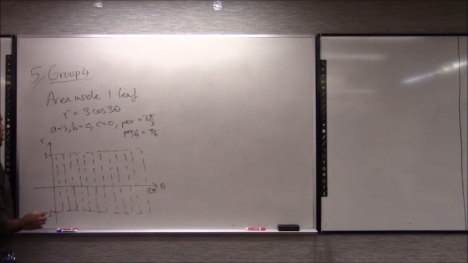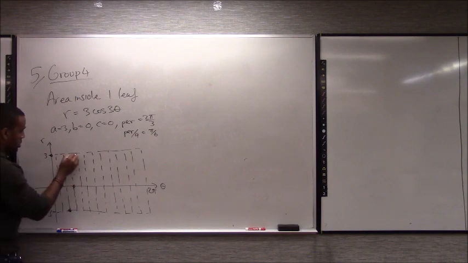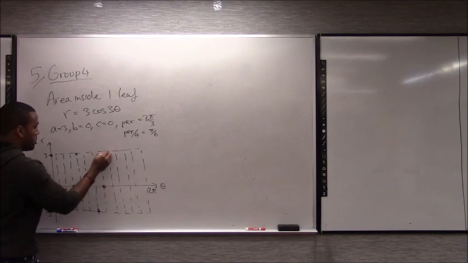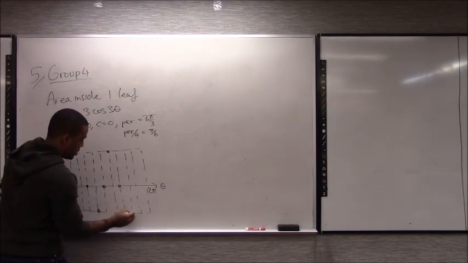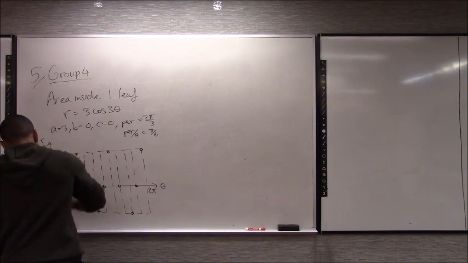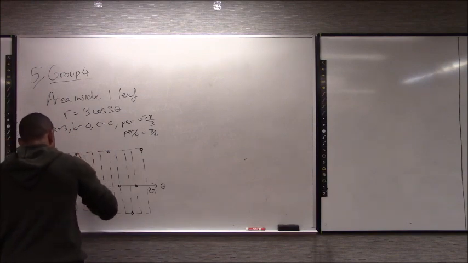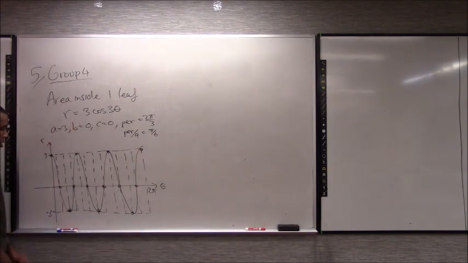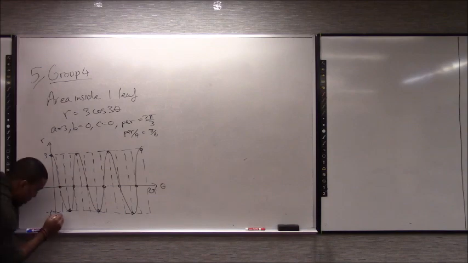And you want a positive cosine graph. So here, it's the middle, it's the bottom, it's the middle, it's the top. It's the middle, it's the top. It's the middle, it's the top. So that's our graph. Okay. So that should be able to do relatively quickly. Each of these is pi over 6.